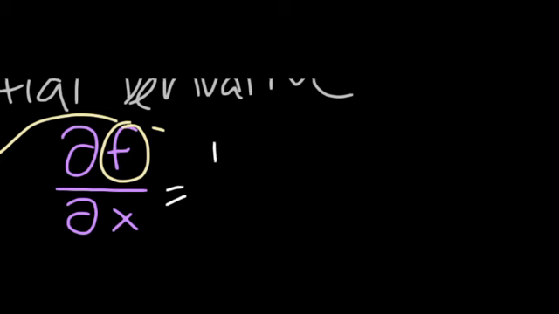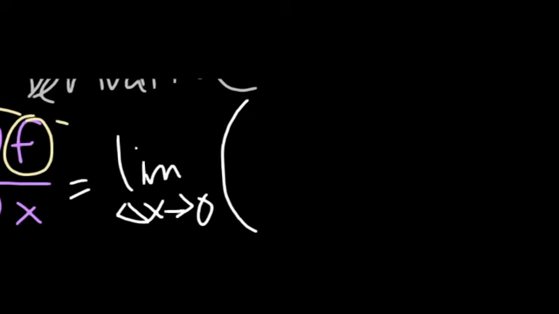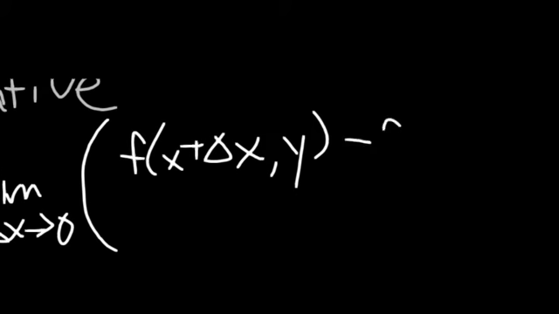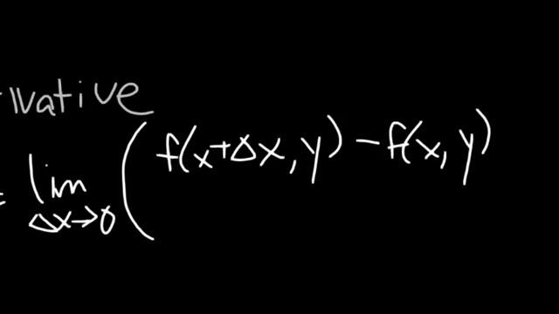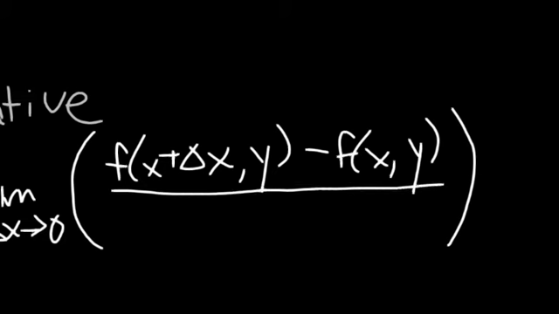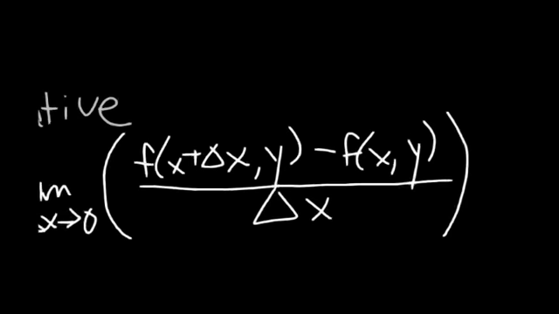So it is the limit as the change of x approaches 0 of the function f of x plus change in x, comma, y, minus f of x, y, the quote-unquote original function, or the function with its original inputs, all over change in x.